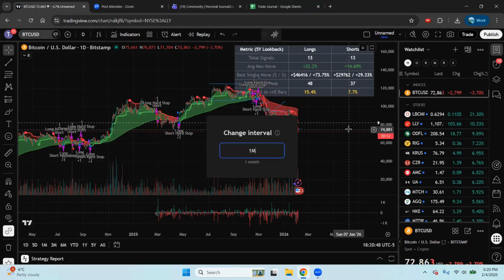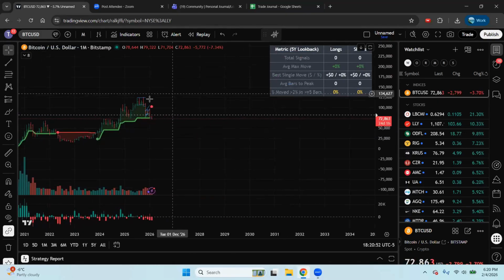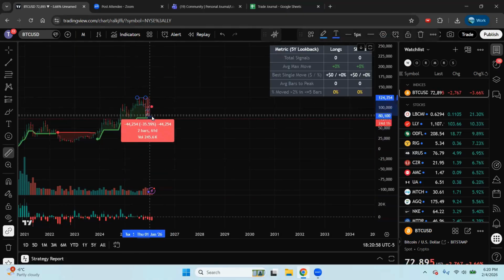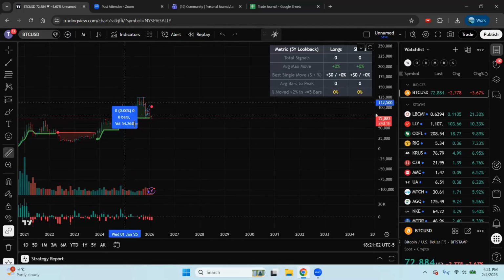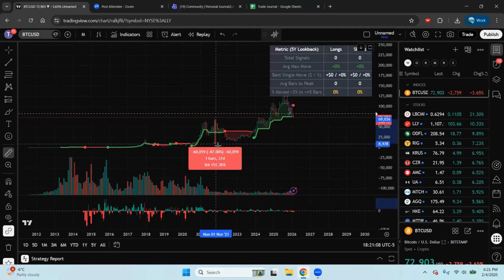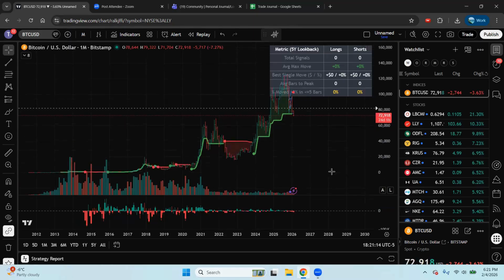If I put on a monthly chart, we can even look at some of those. So from this high here, I'll use the drawing tool from this high to where we are now, 37%. From this high to this low here, 30%. And I think this one certainly would be more significant, 80%. So let's draw that in properly.